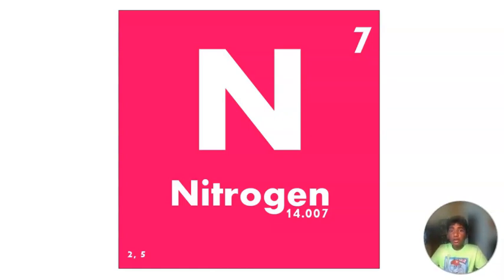The boiling point of nitrogen is negative 320.44 degrees Fahrenheit and negative 195.8 degrees Celsius. The melting point of nitrogen is negative 345.82 degrees Fahrenheit and negative 209.9 degrees Celsius.